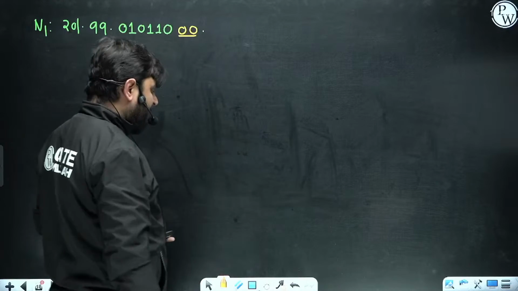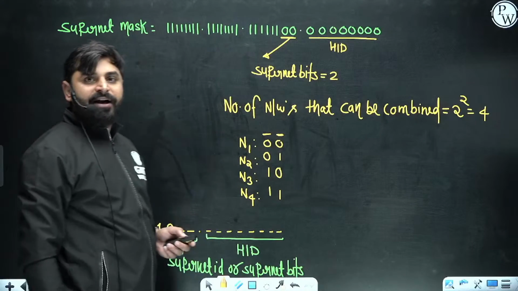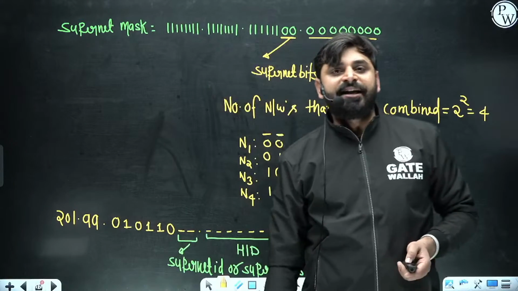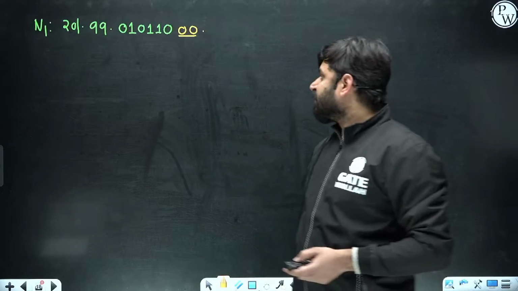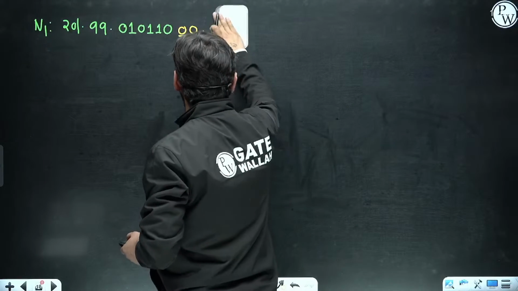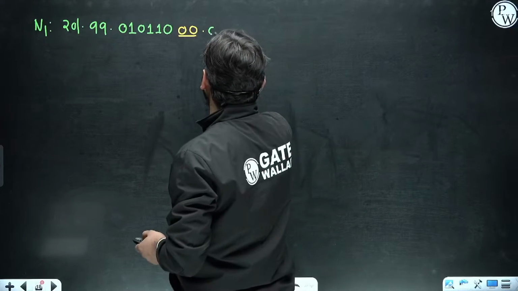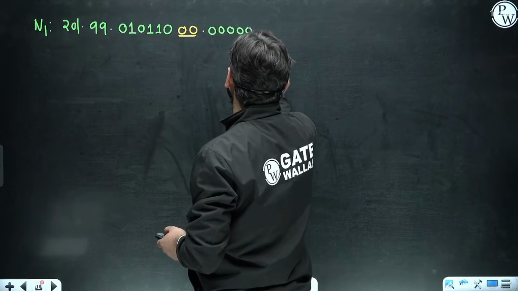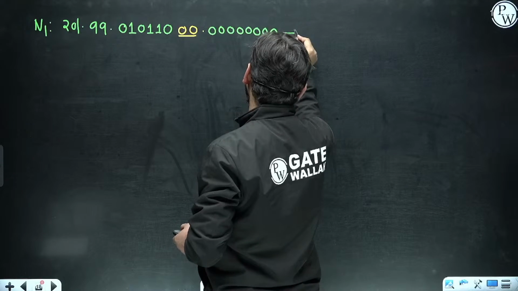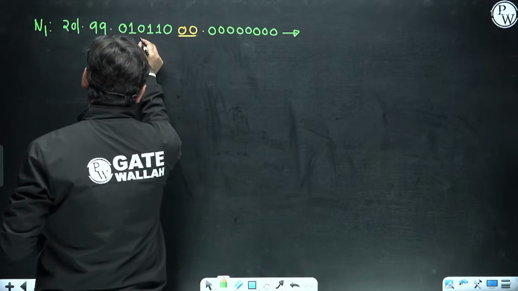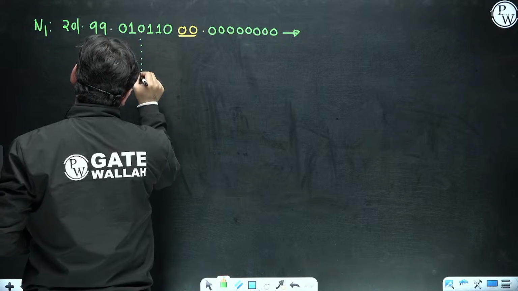Dot, and this entire part represents the host ID part. What is the first combination of host ID? Put all zeros in the host ID part. All zeros in the host ID part. Now tell me, what is the last number of network 1?